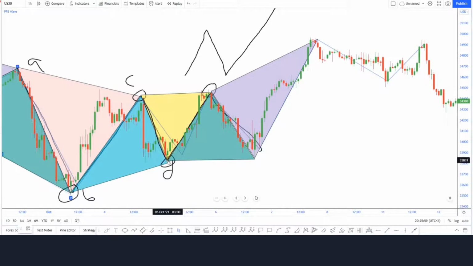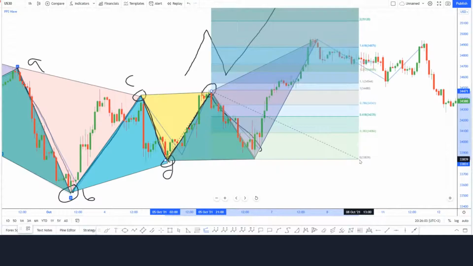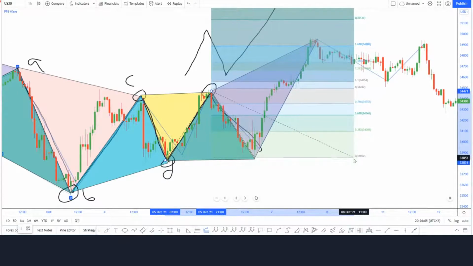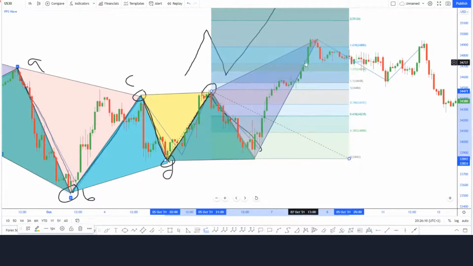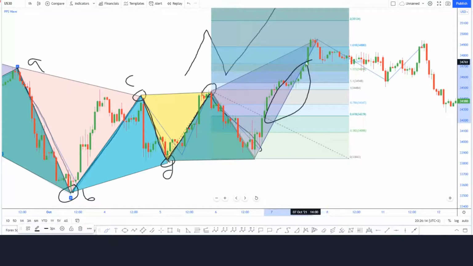If you take the retracement right here and measure from here to there, 161.8. The 161.8 right here. See this one? 1.6. So basically, this leg right here is 161.8 times of this main one right here. I hope this makes sense.